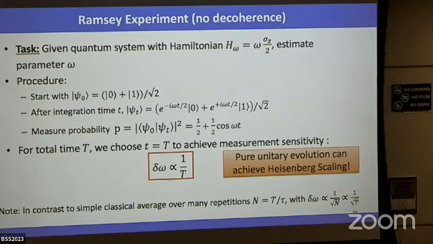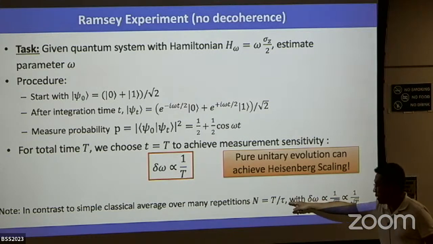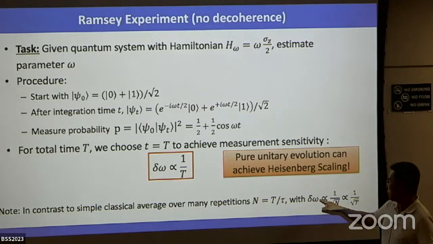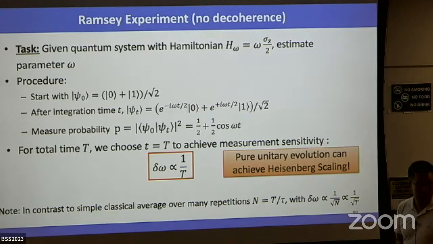The standard deviation is reduced by square root of n when you repeat the measurement n times. That's the classical scaling. Classically, you may repeat it many times, but the number of repetitions scales linearly with time, and the precision scales only as the square root of the repetitions, hence only as the square root of the total time. That's the difference between a linear inverse and a square root inverse. Yes?